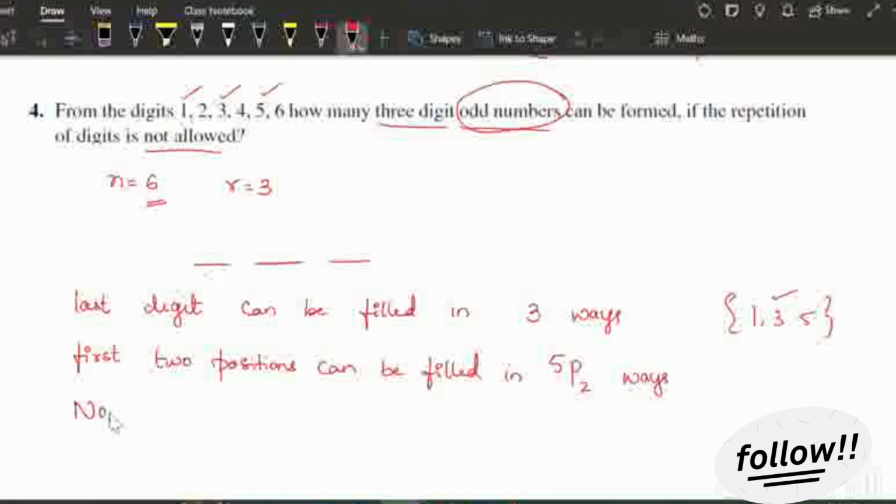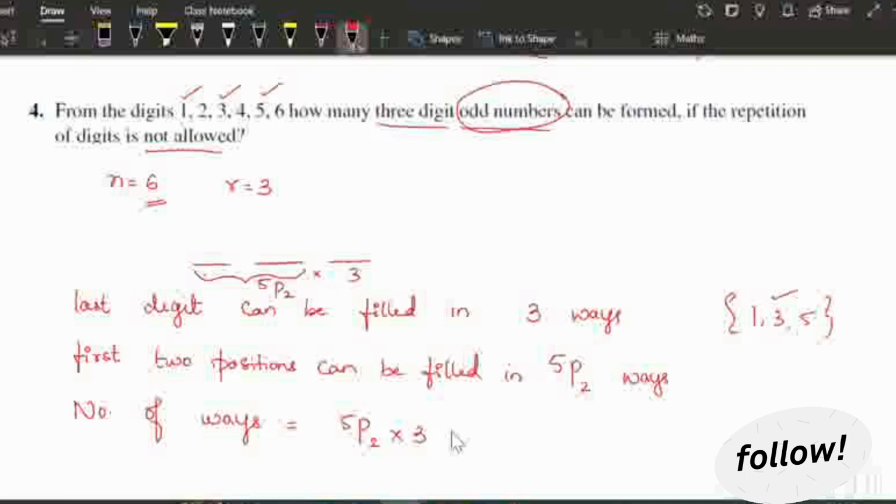Now you need to write: number of ways of doing this task is equal to 5P2 into 3 ways. Why are we multiplying? Because we need this and this. So the last digit can be filled in 3 ways, and the first 2 digits can be filled in 5P2 ways. So the answer is 5P2 into 3, which is 5 into 4 into 3, 60.